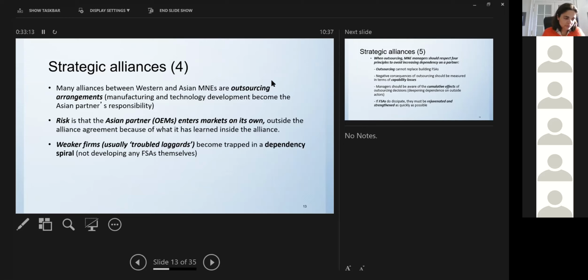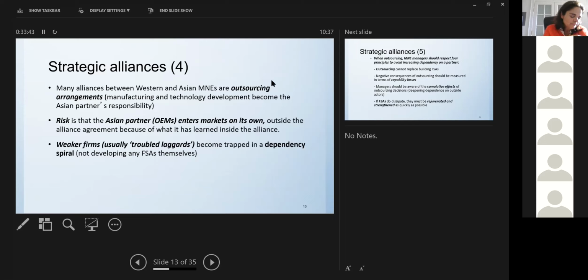The original equipment manufacturer was experienced in product and process design, and so in the end they are not only manufacturing, but they are also doing all the upstream. That has been transferred to the original equipment manufacturer, which means that you lose, of course, your competitive position. And this is the ratchet effect.